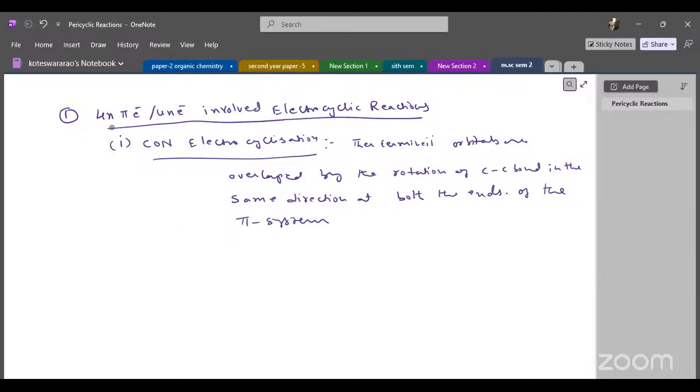Here the 4n electrons are involved, 4n electrons electrocyclization. Right.